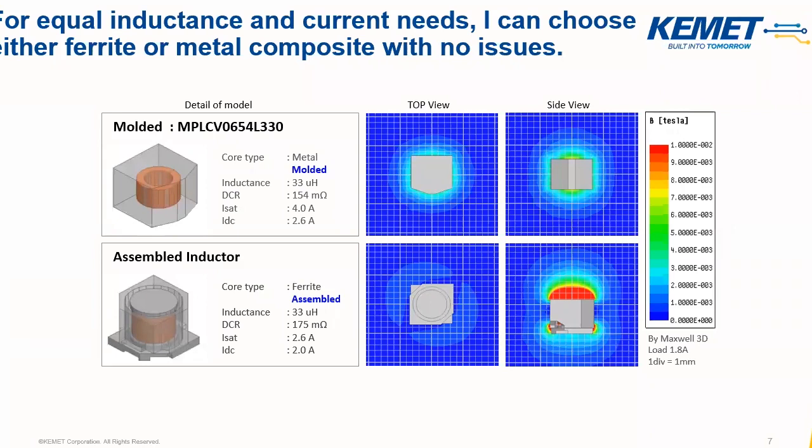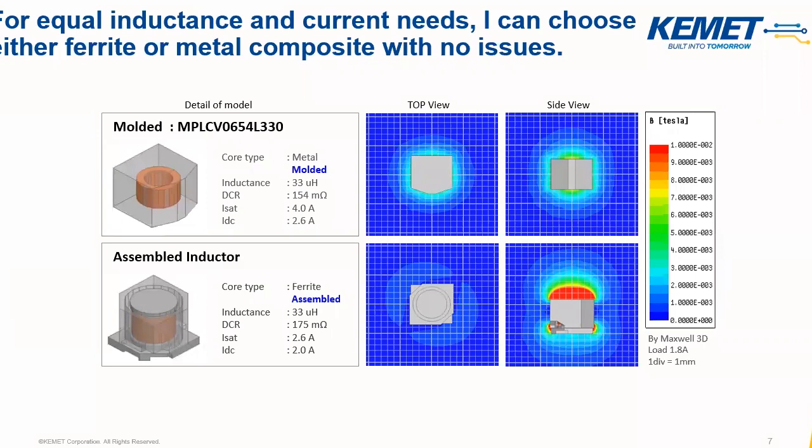And when they used a ferrite inductor, it created some extremely high eddy currents in the cover, causing actually some significant heating and also corresponding power loss in the system. So by switching over to a metal composite, which is inherently shielded, that eliminated that design problem.